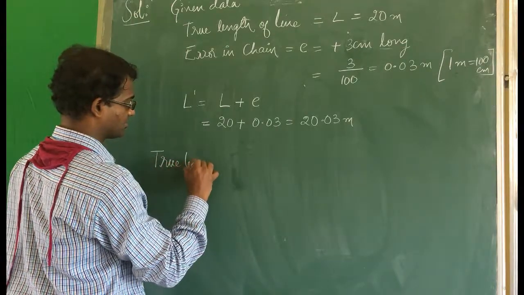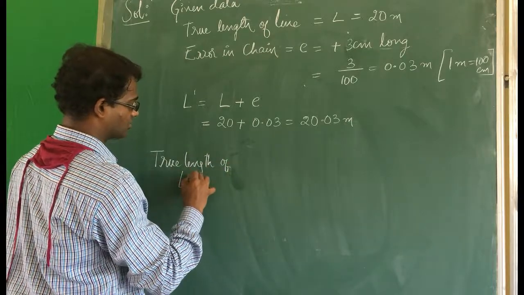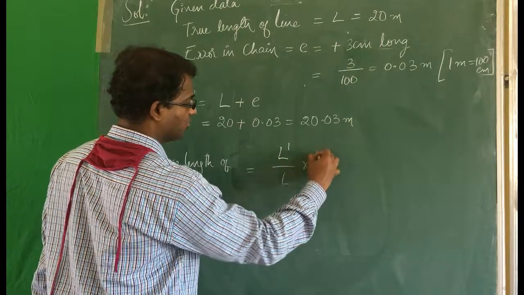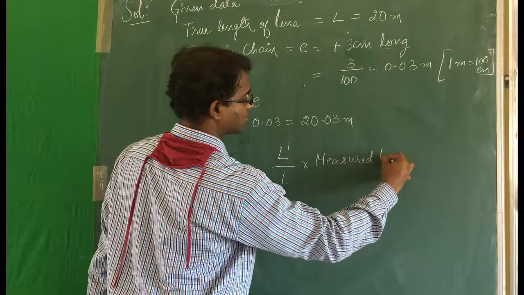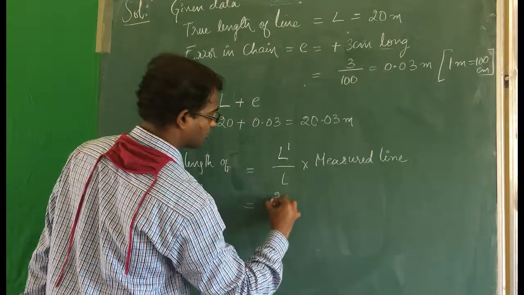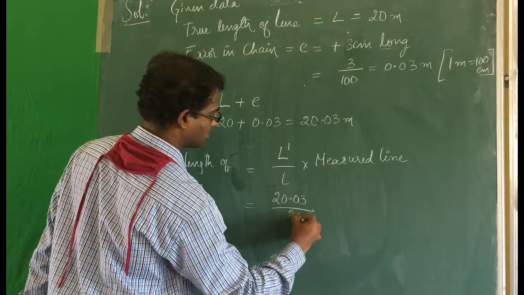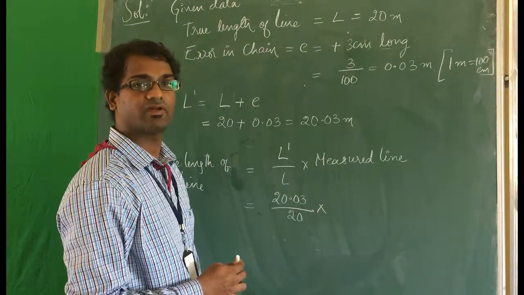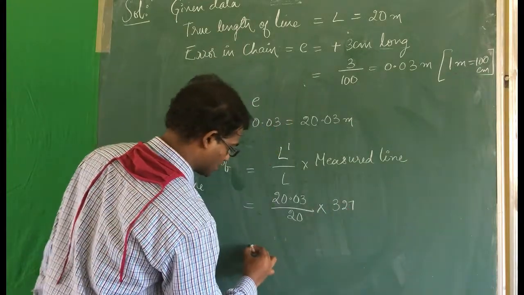Now we'll use this equation. True length of line equals L dash by L into measured length. L dash you know as 20.03, divided by true length 20, multiplied by total measured length given in the question, 327 meters.